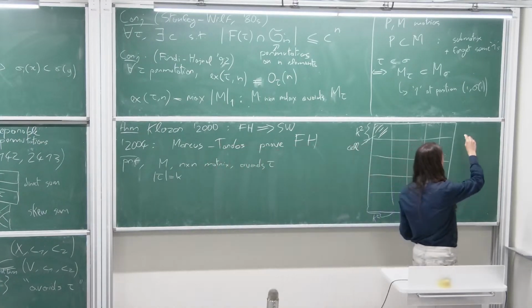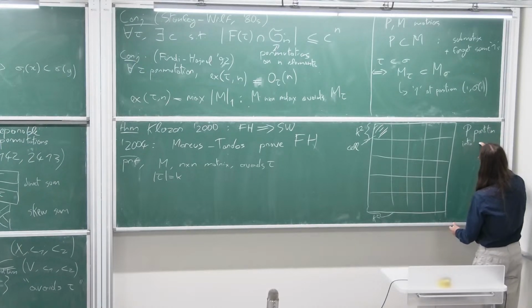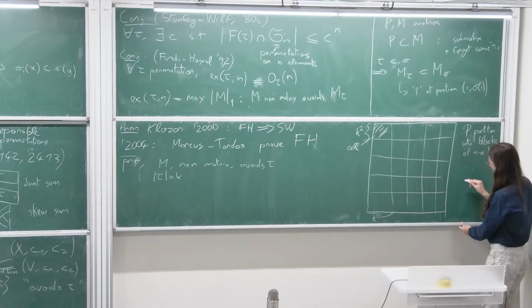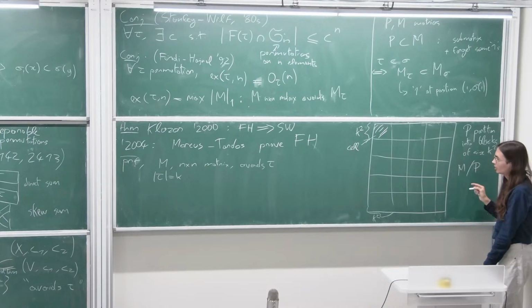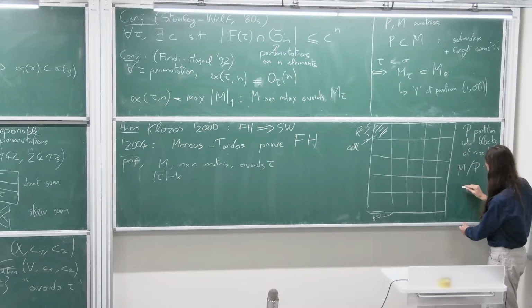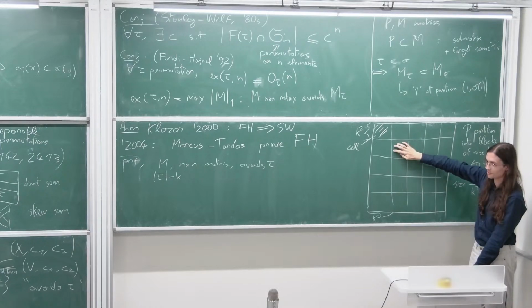Let's call P this partition, a partition into blocks of size k squared. And I can define a quotient matrix, the matrix divided by P, which will be of size n over k squared. There's a 1 in the quotient matrix if the cell is not all zeros.